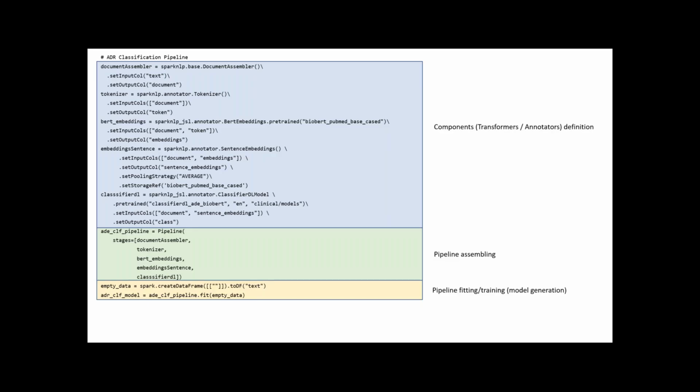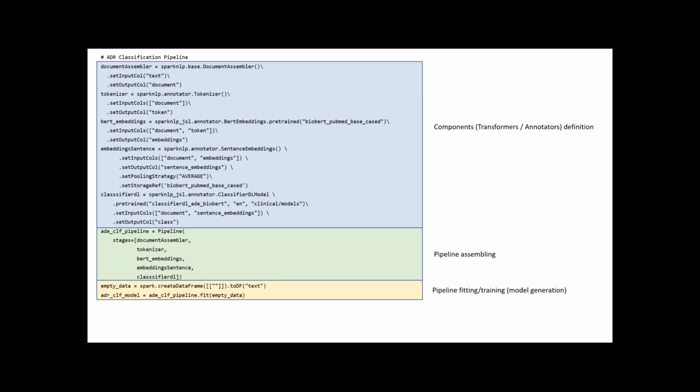So about the anatomy of a Spark NLP pipeline, we can split this in three main components. The first one is the blue one, where we will basically define the components of the library that we want to use in this specific pipeline. And we are building here a pipeline that will classify any unstructured text in two types: adverse drug reaction related text or non-related text.